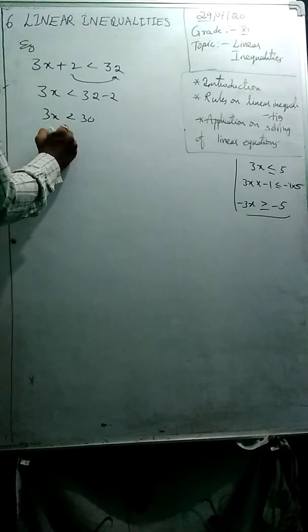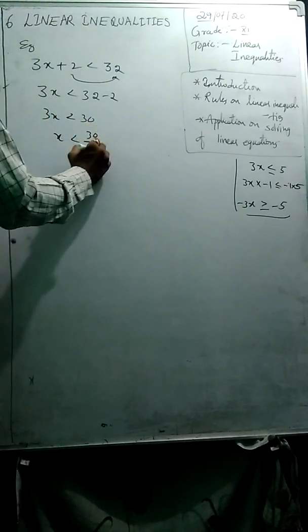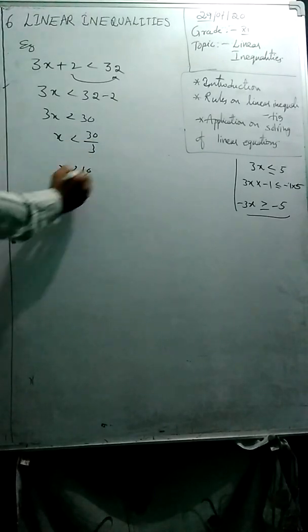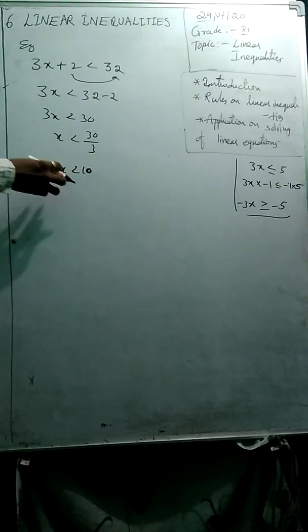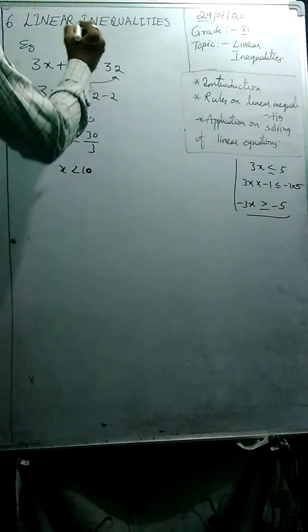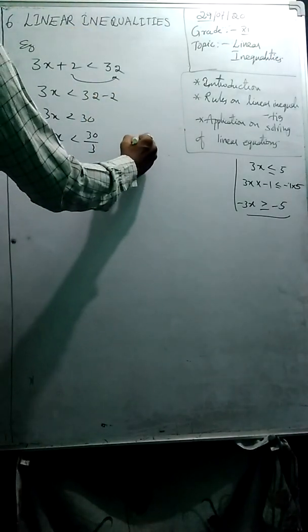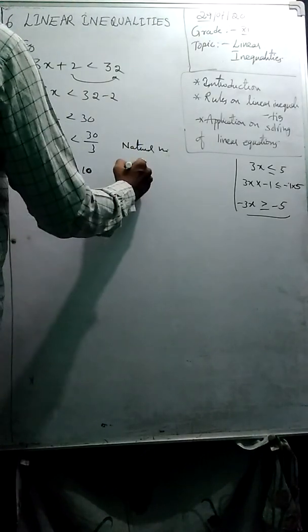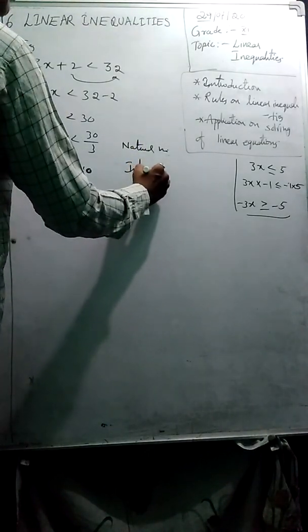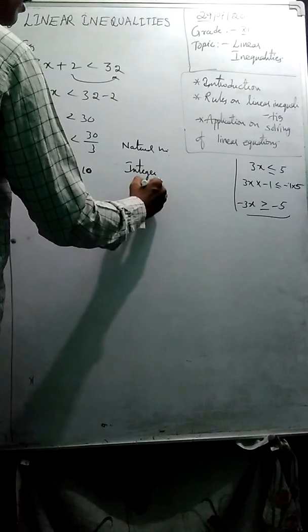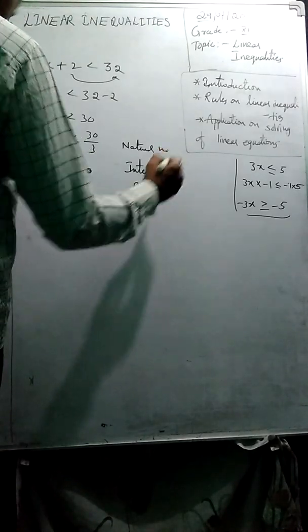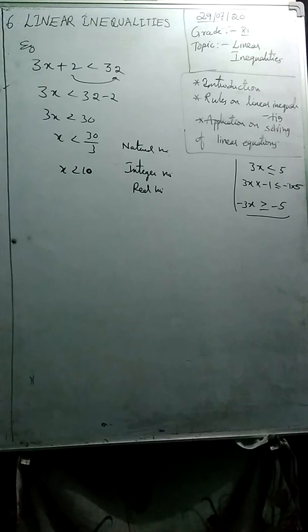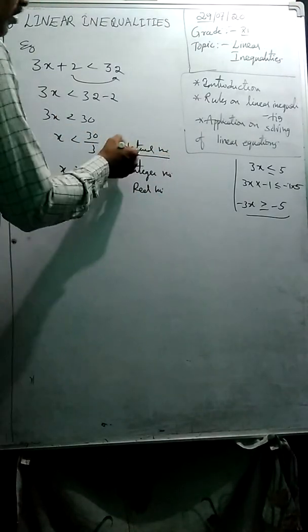What are the rules possible for equality? The same thing is applicable. I mean, x takes all the values, but if it is a natural number, the solutions will be different. If it is an integer, the solution will be different. In the case of a real number, the solution is different. So all possible values are called the solution set.